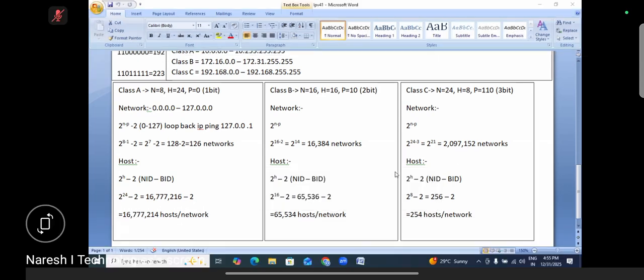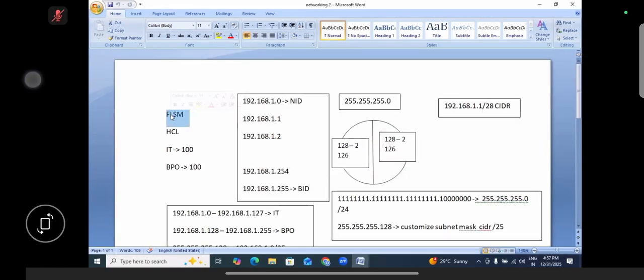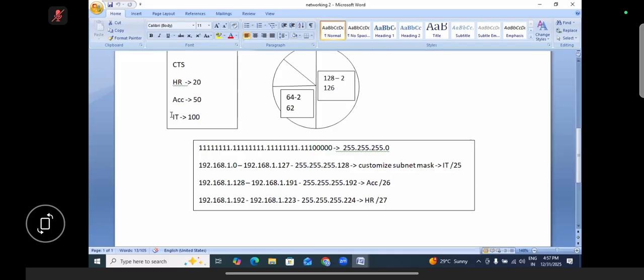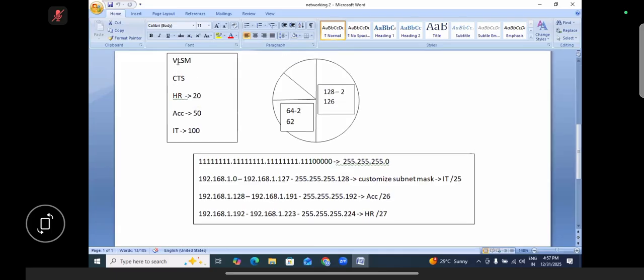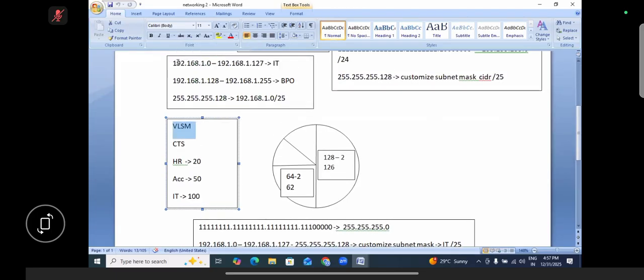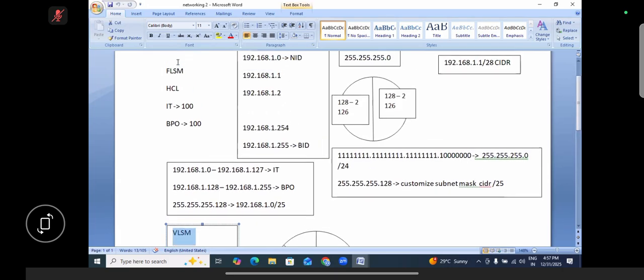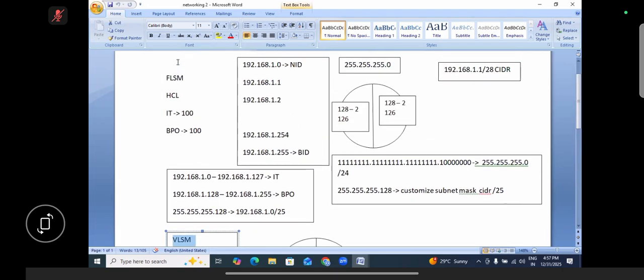Right. Okay. So I'm giving fixed length subnet mask, FLSM, and one more, VLSM, variable length subnet mask. How many types of subnetting will we have?